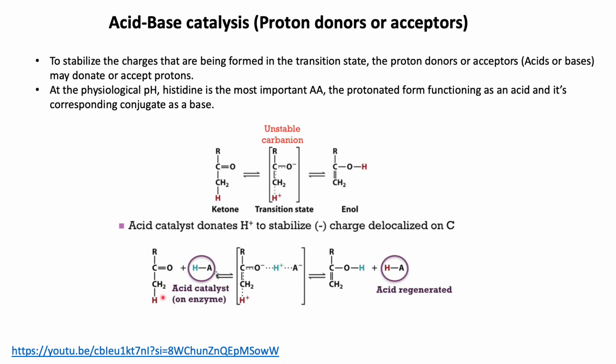Whereas the hydrogen atom at this side chain is being removed from the reactant, and now this intermediate enzyme accepts the hydrogen atom from this group. So now we have our enzyme back in place, and we also have the product formed. It's just the movement of hydrogen atoms. The hydrogen that was here is now here, and that was facilitated by the proton that came from the acid catalyst.